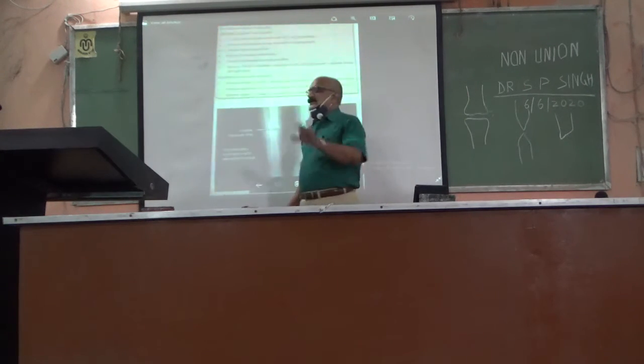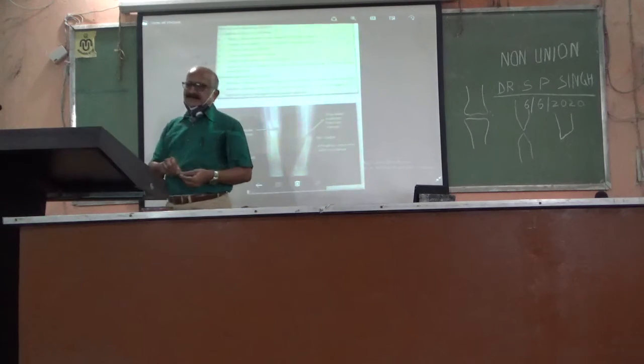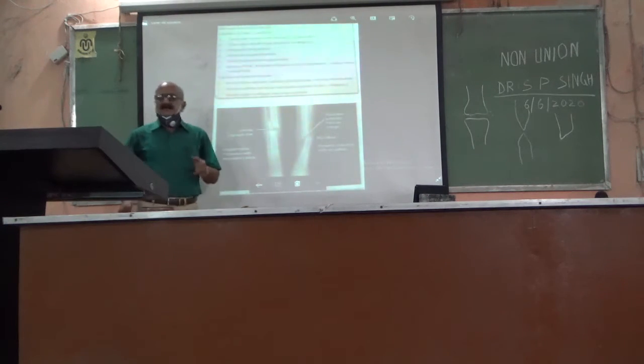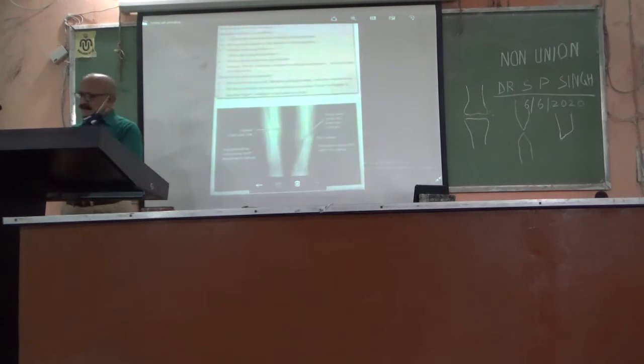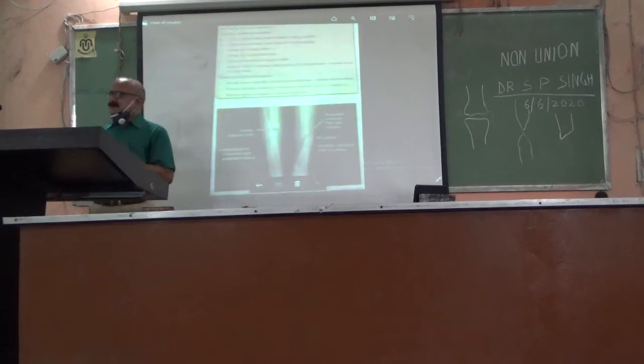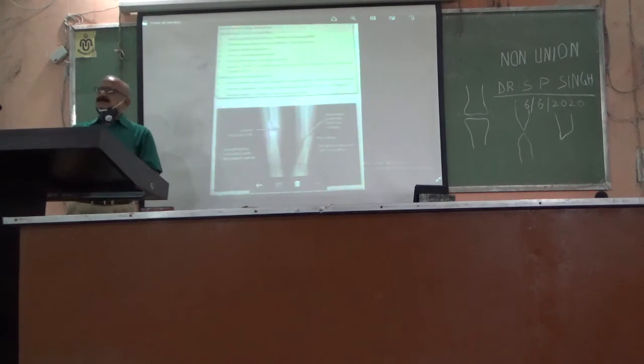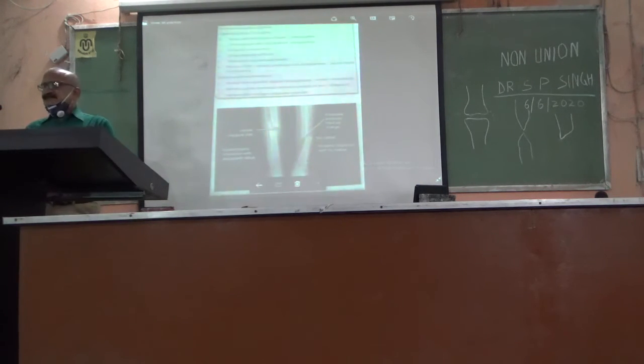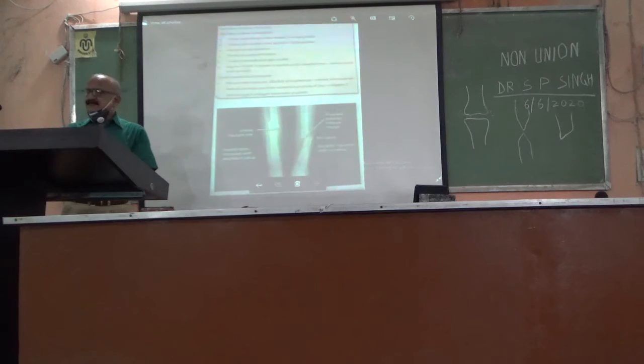So blunting of fracture margins, that is very, very common in non-union of the bone. So there will be osteoporosis, there will be smoothing or blunting of the fracture margins, there may be callus, may not be callus in the vicinity depending on what type of non-union it is.